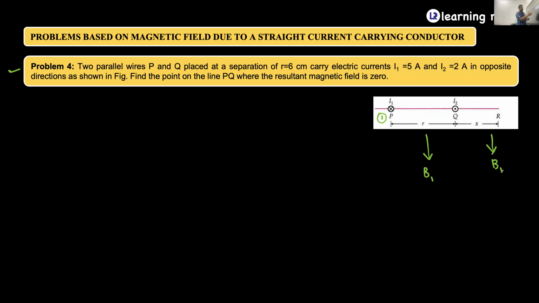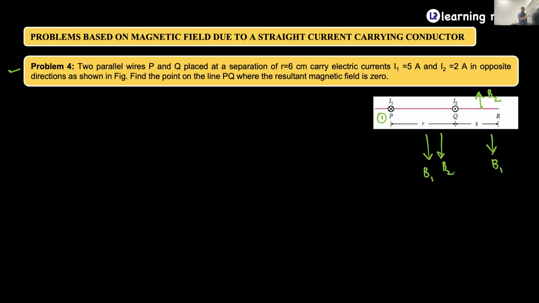Observe, in this case, the current is outward. When I do half the curl, at this point, my fingers are going up. Meaning on the right of this conductor I2, the magnetic field is going to be in the upward direction. This clearly indicates that on the other side, it is going to be in the downward direction.